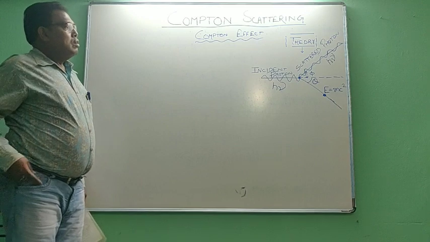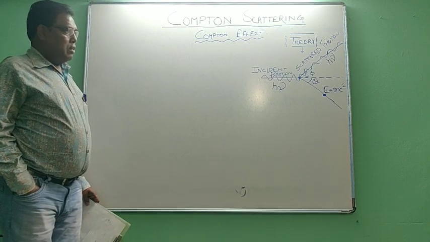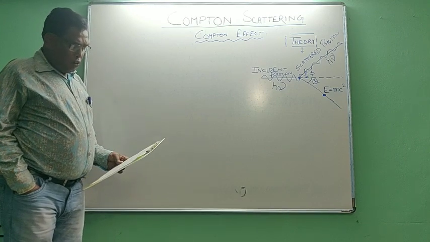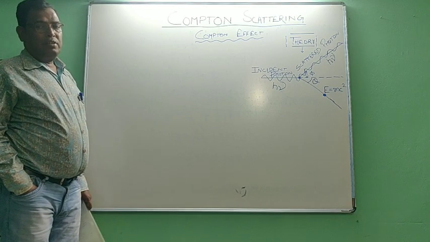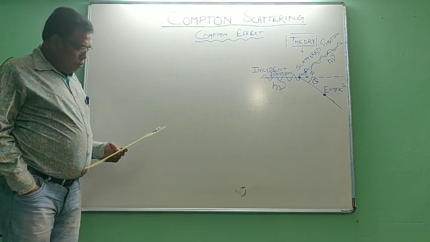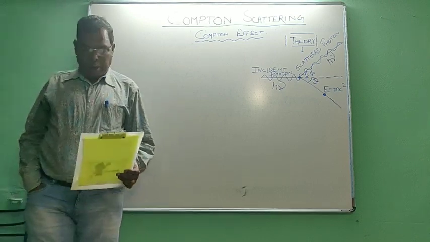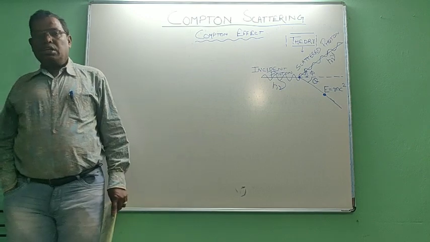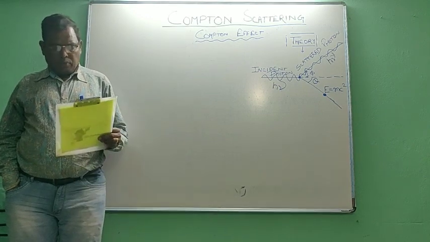Now, how was this Compton effect explained? The answer is, the effect was explained by the quantum theory of radiation, according to which the radiations consist of quanta or photons, each having energy h nu.